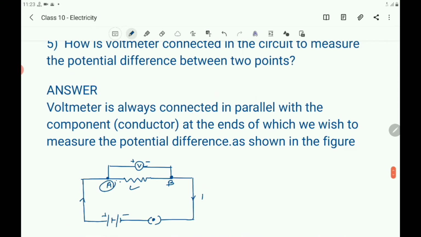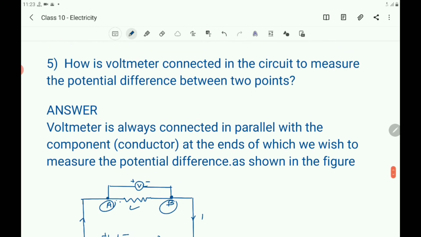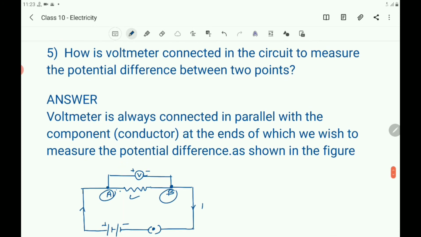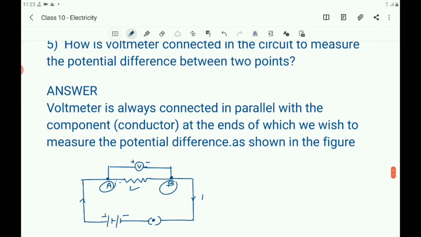A and B are the ends of the material or component we wish to measure the potential difference. Here you have to find the potential difference of this component, and A and B are their ends, and it is connected in parallel. Voltmeter is connected in parallel. So that is the answer.